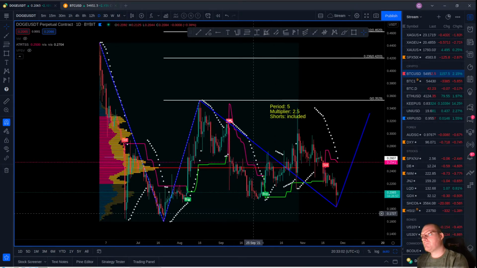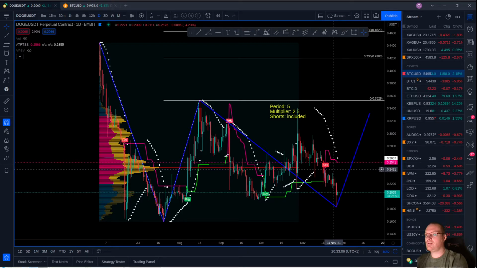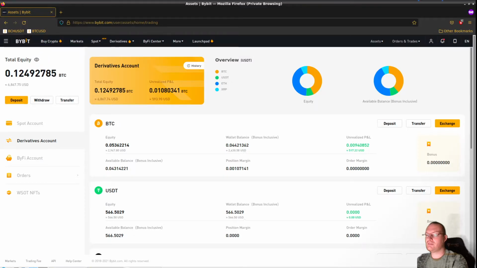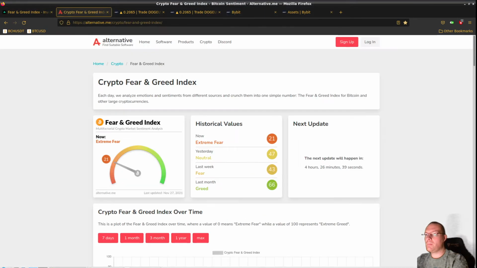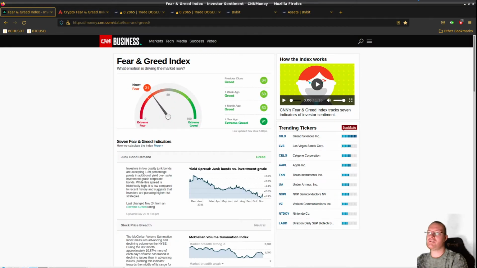So we still have upside potential. Oh yeah, actually I didn't go over the fear and greed index. Do we still have it somewhere? Because for the crypto market we are extreme fearful for the moment, and for the stock market it's exactly the same.